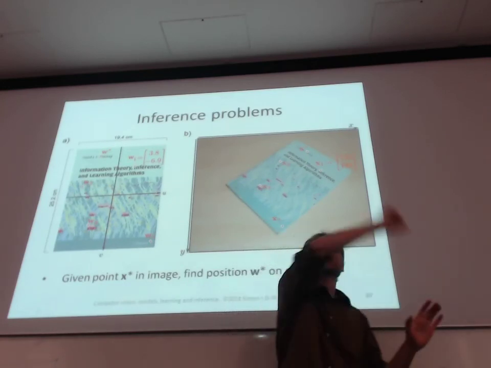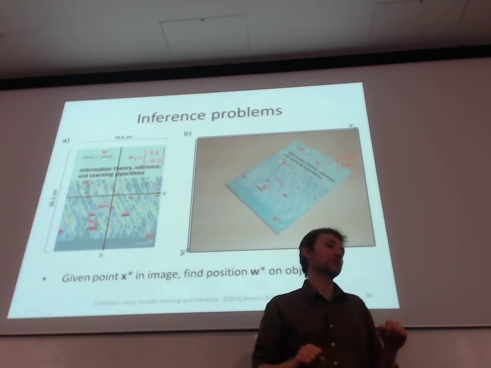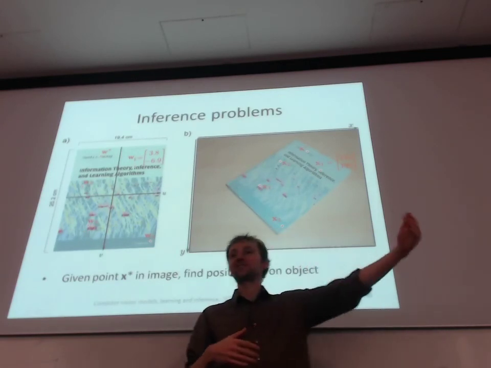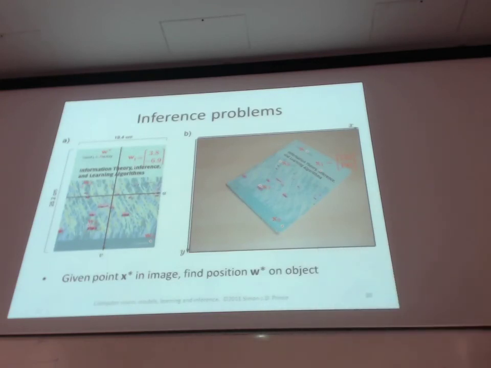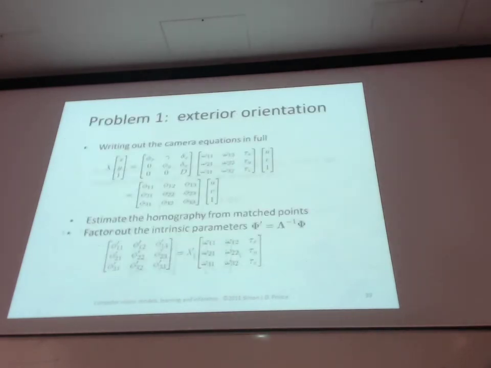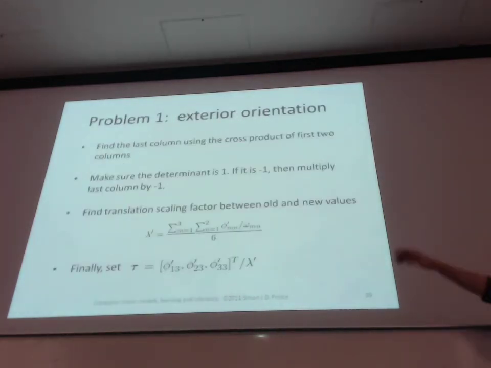You could superimpose graffiti right on that building, or you could do the opposite, superimpose what that building would look like without graffiti. All you'd have to do is model a plane in OpenGL and transform it according to what we've just estimated to be our rotation matrix omega and our translation vector tau.